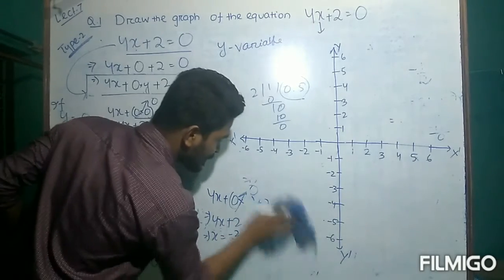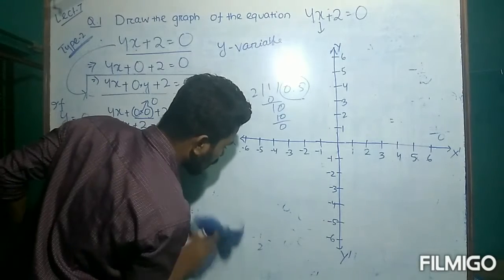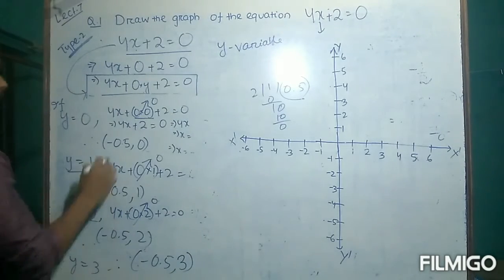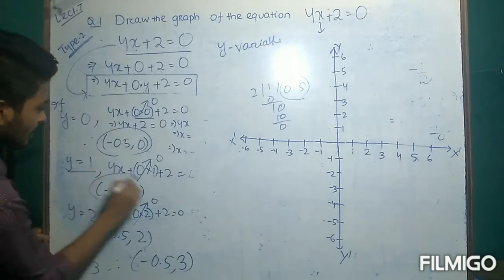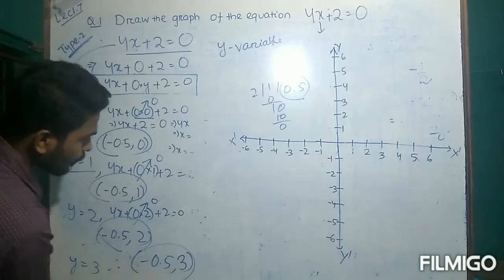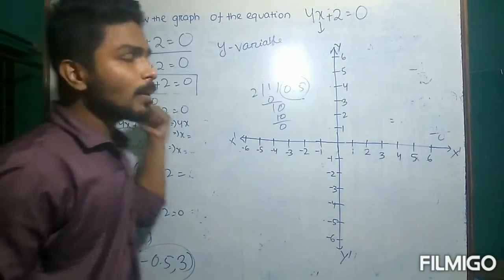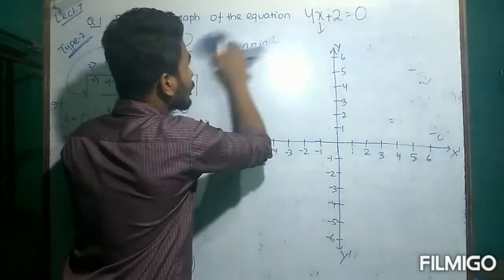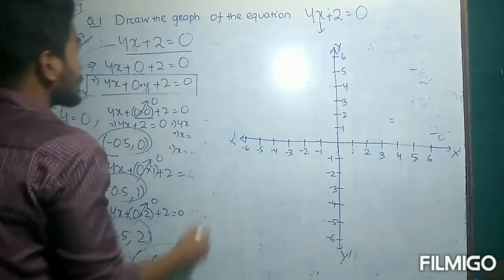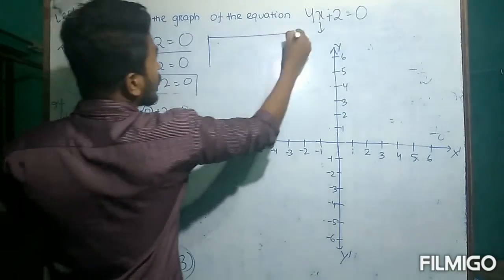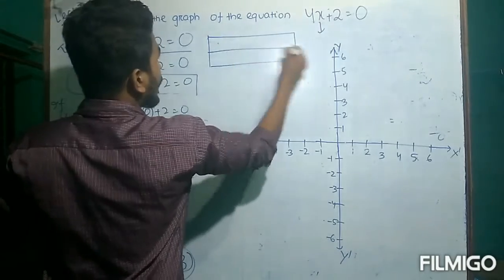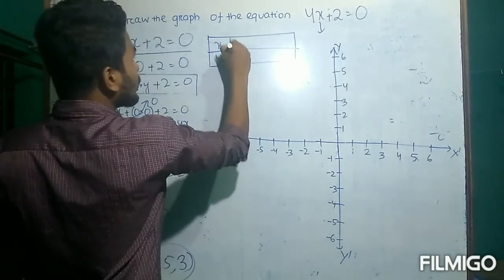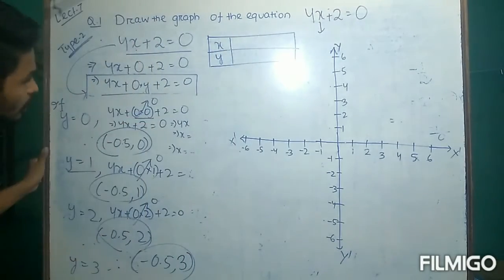Okay. So in this way you can get 3 or 4 or more than 4 solutions. Okay, what are the solutions? First, second, third and fourth. Now our next step is to write all those solutions in a tabular form. So write those points in a tabular form. First row is for x coordinate, second row is for y coordinate, and we got 4 solutions here.